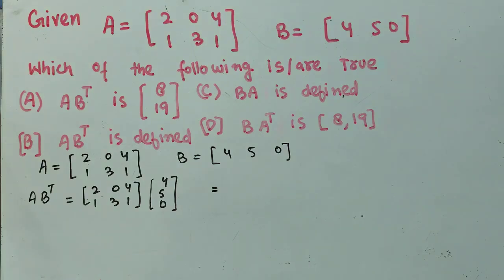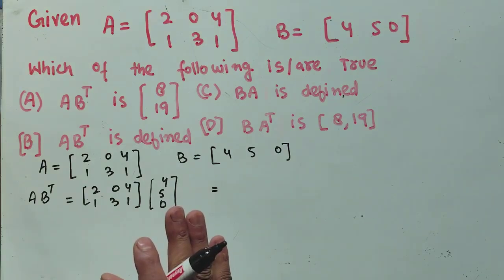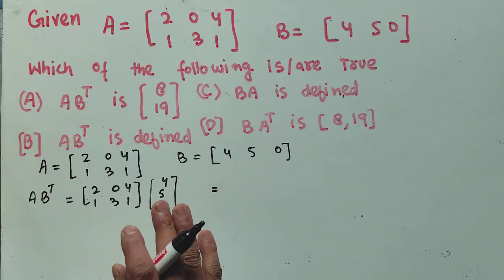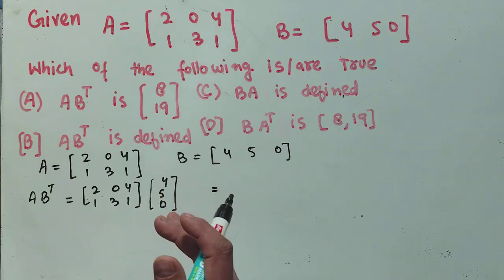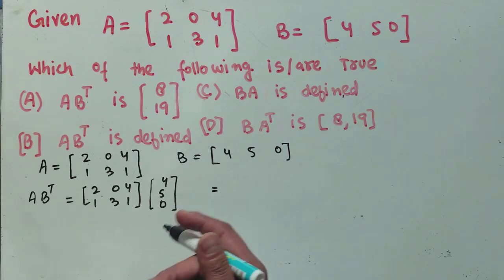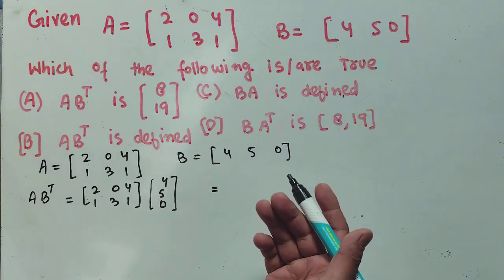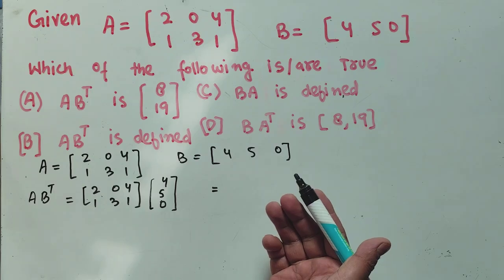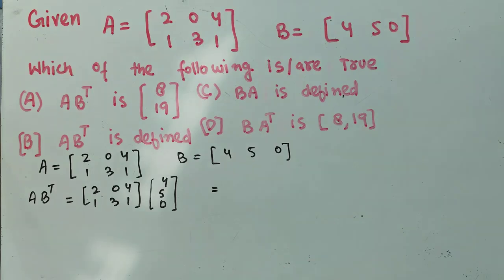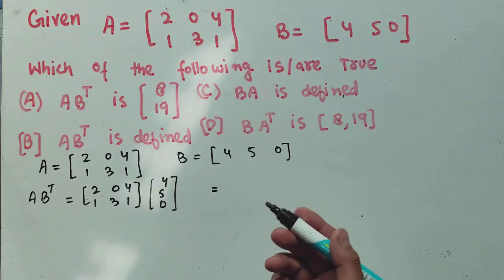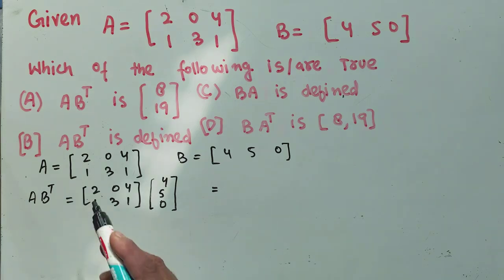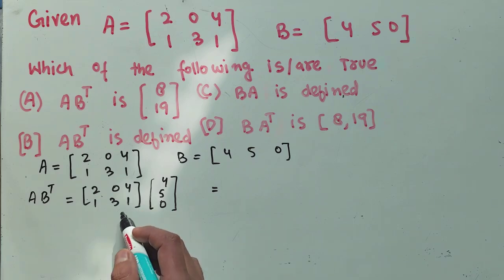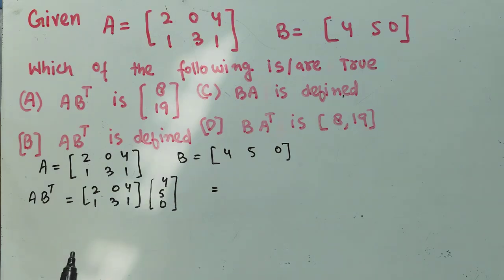For two matrices, the product is defined if the two matrices are conformable for multiplication. By conformability, we mean that the number of columns in the first matrix should be equal to the number of rows in the second matrix.